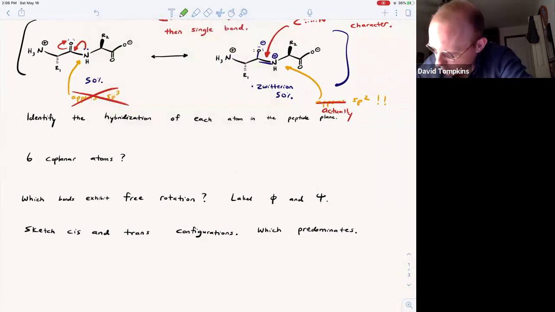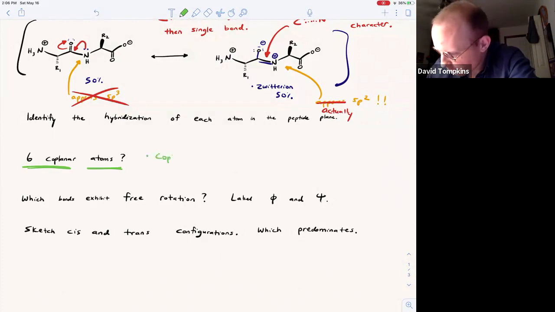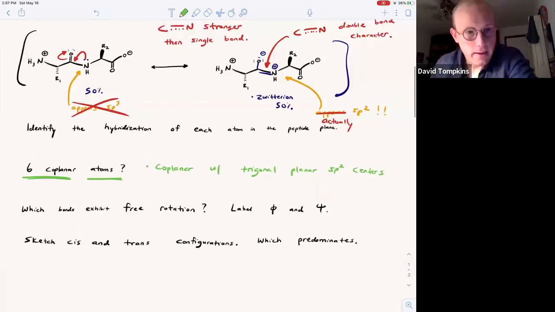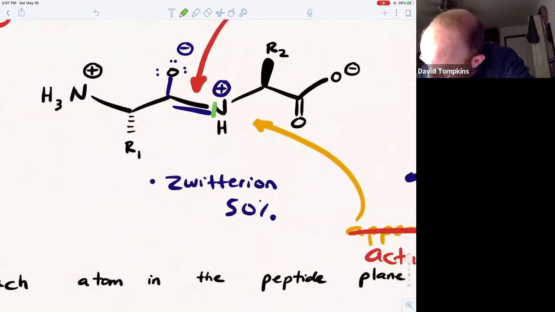So the 6 coplanar atoms in the peptide plane are going to be coplanar with trigonal planar sp2 centers. And the sp2 atoms include the nitrogen.